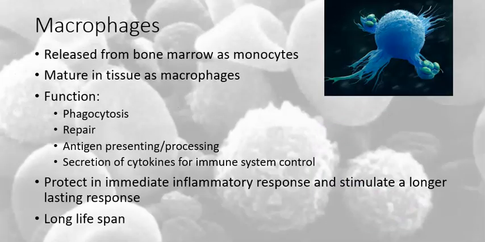Next, we have macrophages. This is released from the bone marrow as monocytes. They mature in tissue as macrophages. I've heard them called both. The function is phagocytosis, repair, antigen presenting, processing, secretion of cytokines from the immune system control.